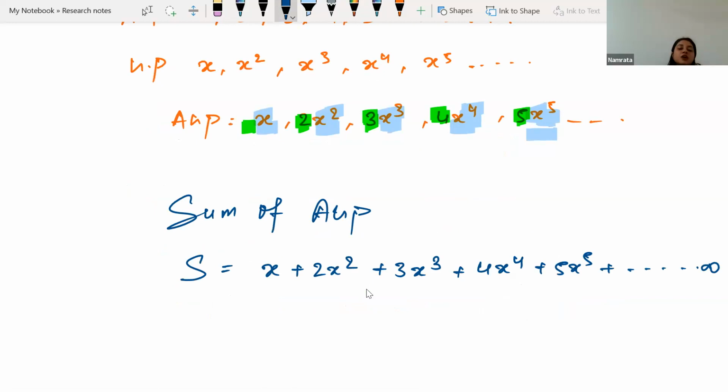While taking out the formula for geometric progression, we multiplied both sides by r. Here, what is r? Can you tell me, what is the common ratio?